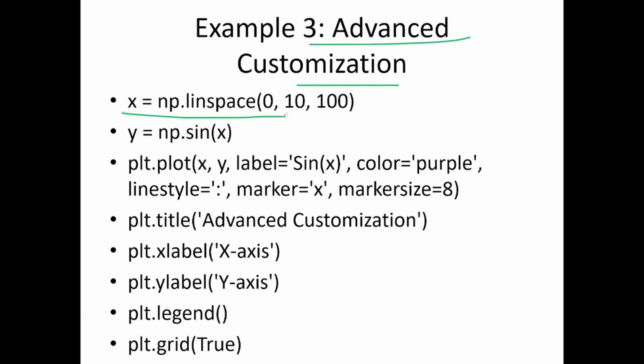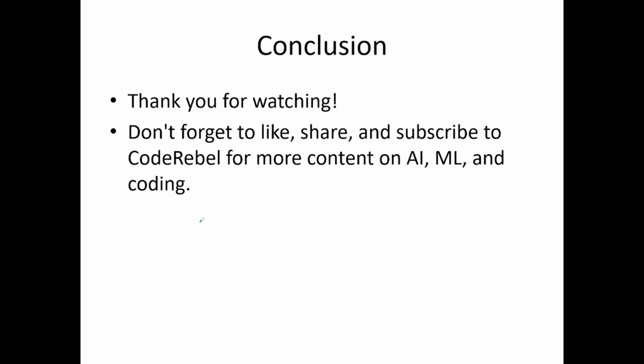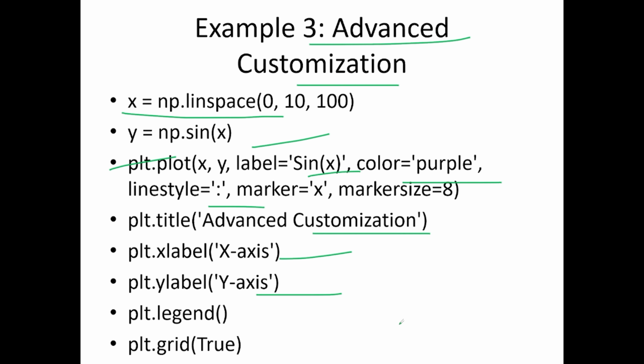Here for the x-axis np.linspace, and for the y-axis plotting plt.plot for sin x, color purple, with line style and marker. And we have the title here, advanced customization. Let's define plt.xlabel, plt.ylabel, and grid. Let's discuss these three examples and try them in Google Colab.